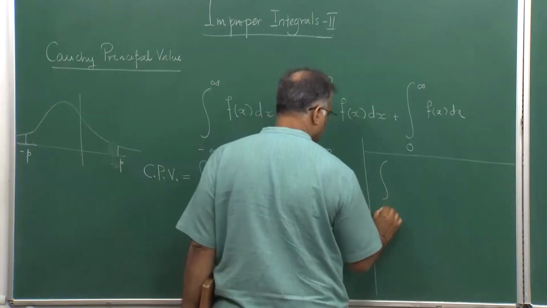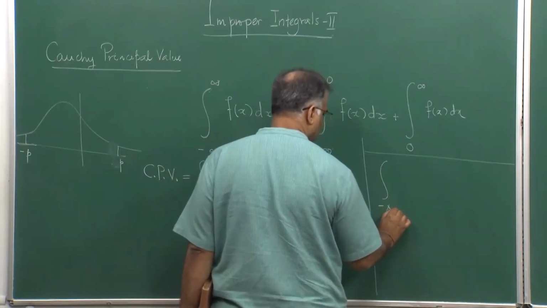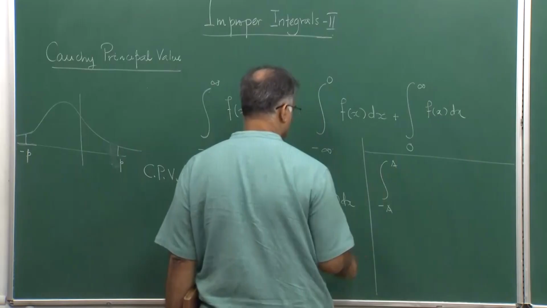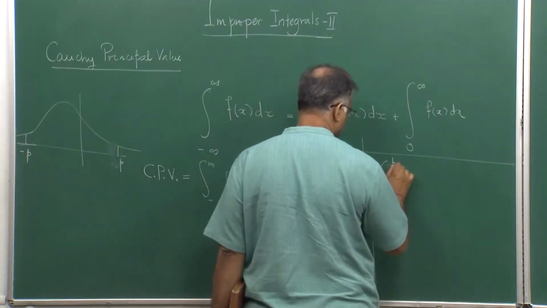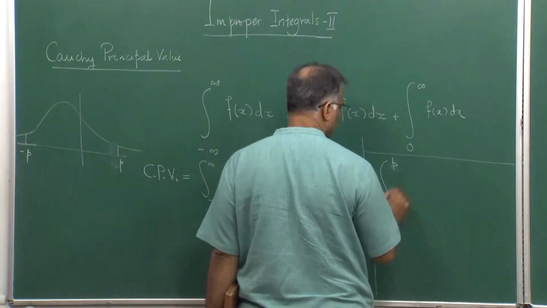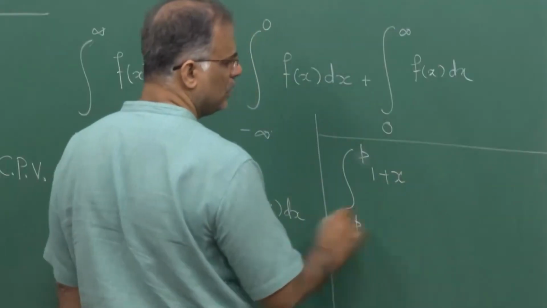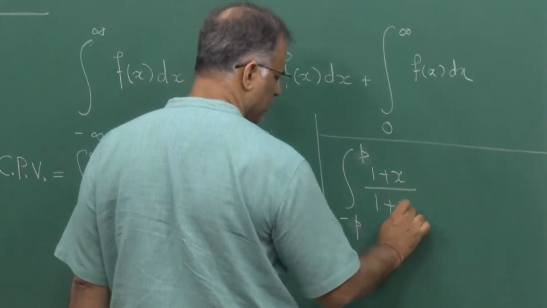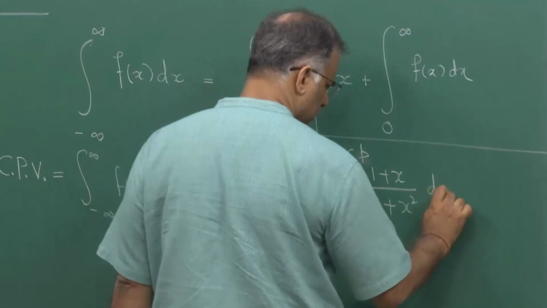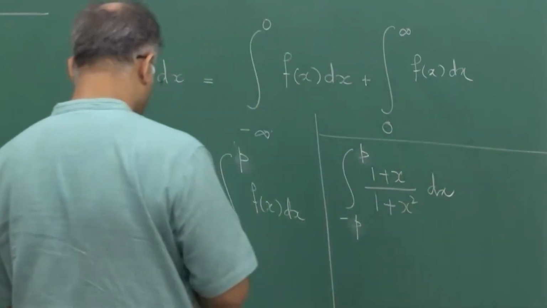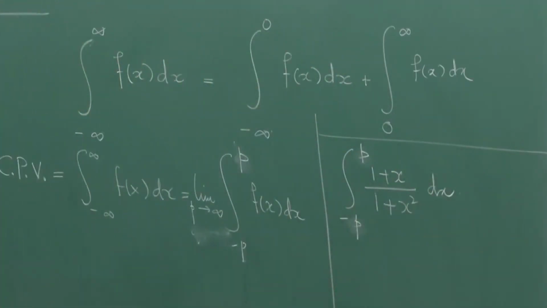So, now I will have, say, minus a to a, or minus p to p if you want the same formulation, minus p to p of 1 plus x divided by 1 plus x square. How do I calculate this basically? This is Cauchy's idea, that suppose I can calculate this.